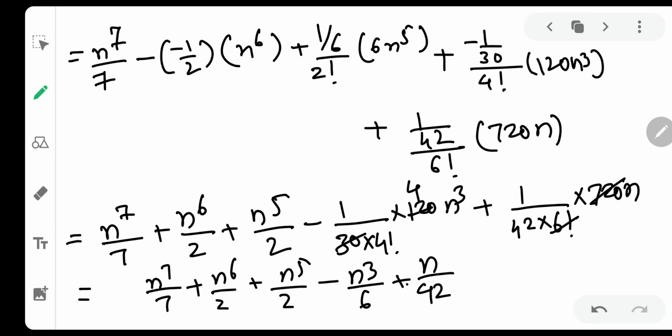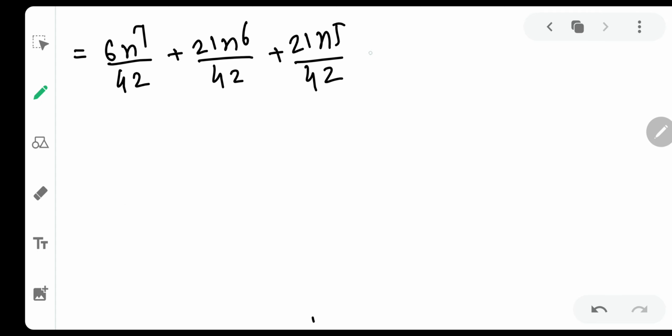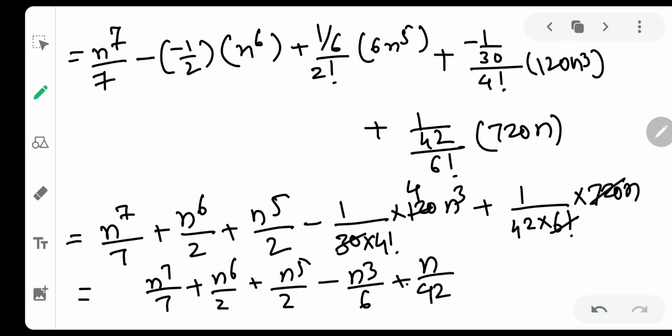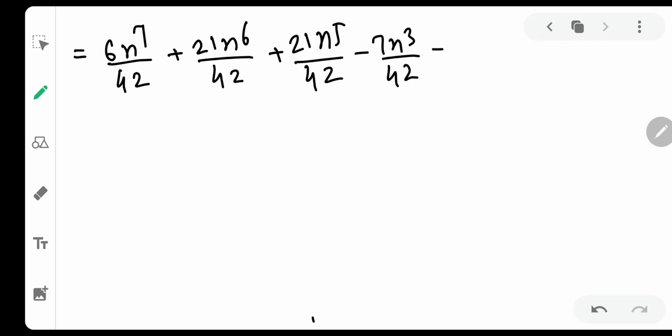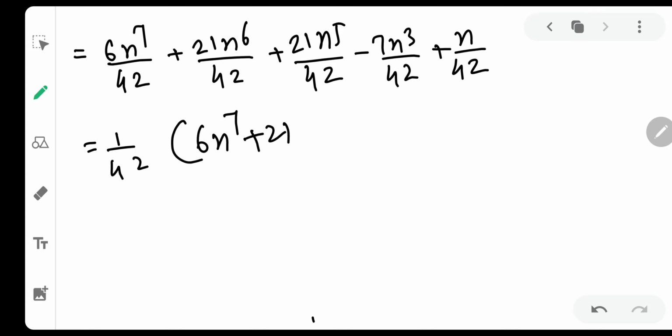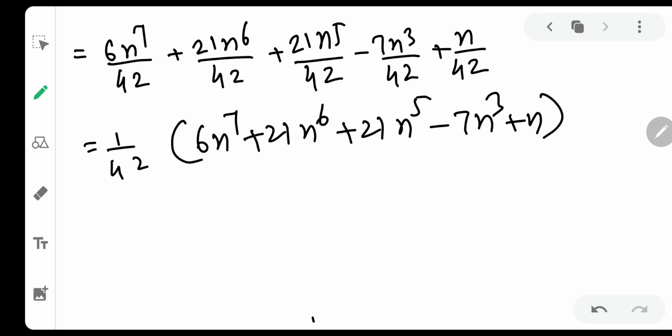Then minus 7n cube by 42. Then plus n by 42, and this is your formula. 1 by 42 into 6n raised to 7 plus 21n raised to 6 plus 21n raised to 5 minus 7n cube plus n. That is how you get it.